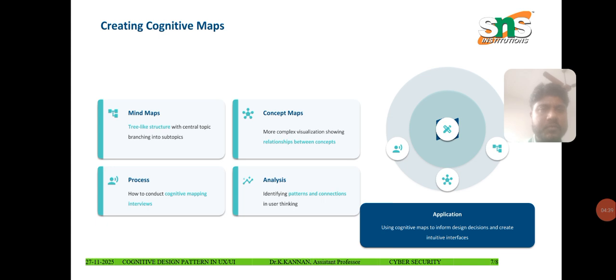The major role in creating cognitive maps is played by mind maps, which are very important because of the tree-like structure of a central topic branching into subtopics. So we include mind maps for cognitive maps. Concept maps are a visualization of all the relationships between the concepts; the subtopics are given, but the visualization shows the relationships between concepts more clearly.